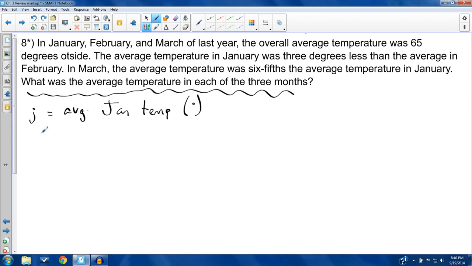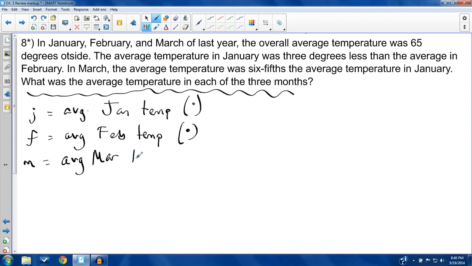F, average February temperature, also in degrees, and M for March.